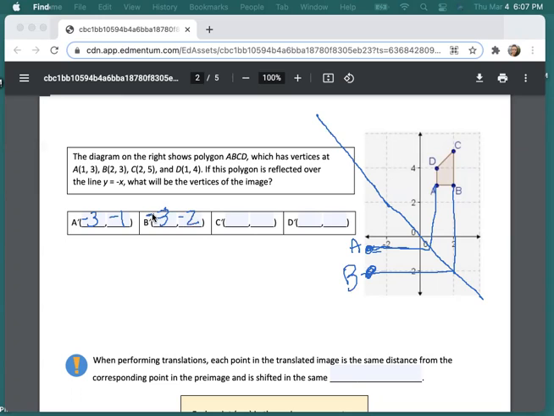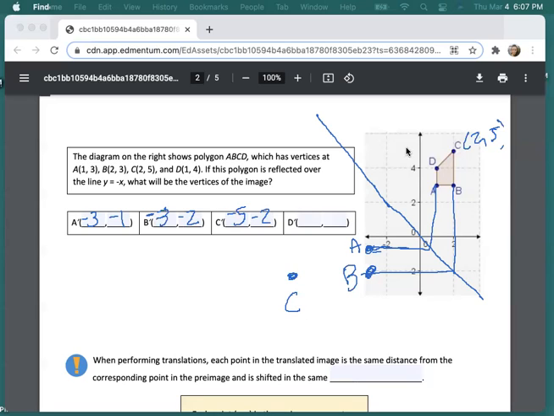And then C is at 2, 5, so this is going to be -5, -2. So that's like over here.